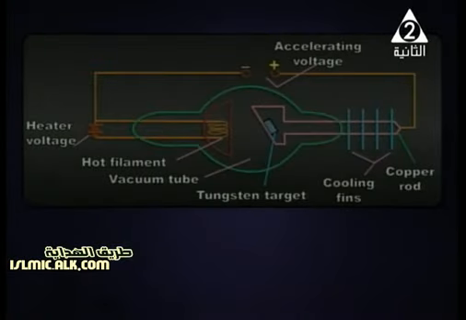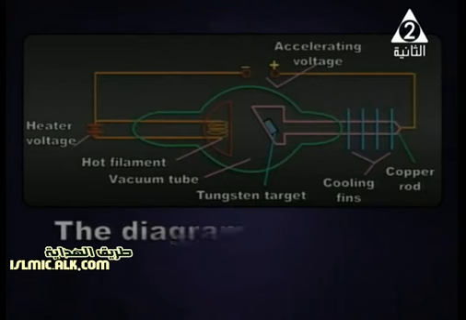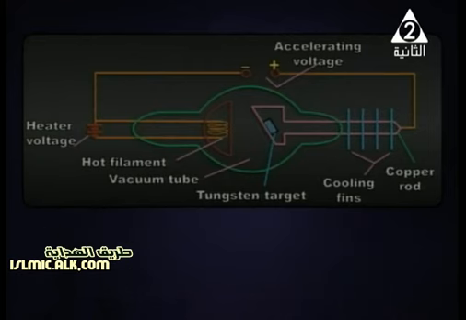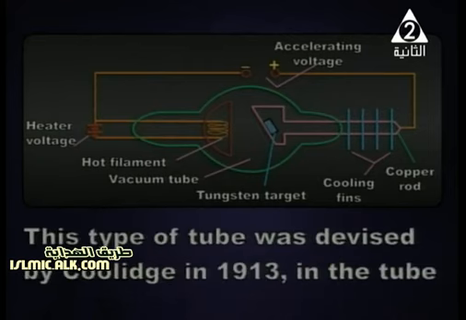Structure of the device is shown in front of you, and we'll talk about each component of the device. So, the diagram shows a modern X-ray tube called Coolidge tube. This type of tube was devised by Coolidge in 1913.